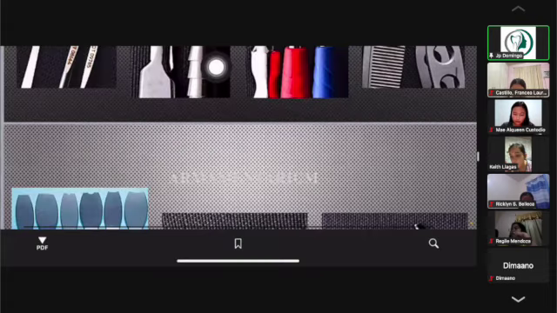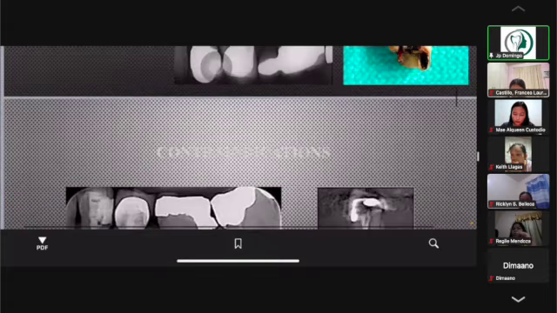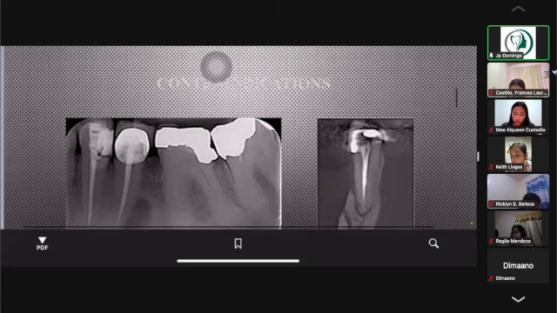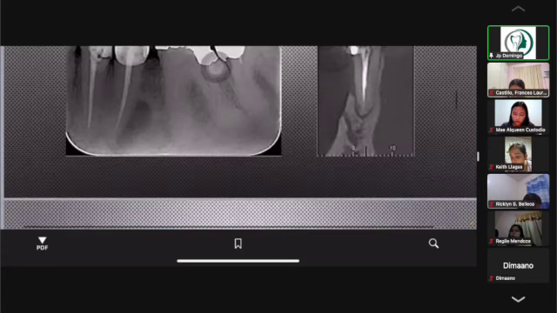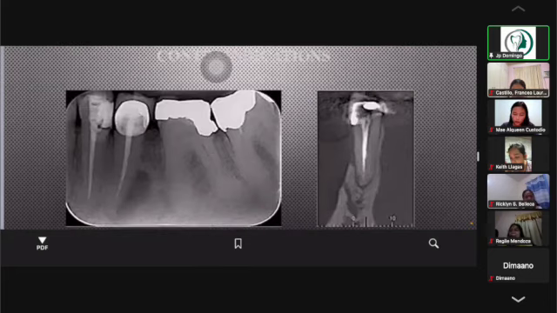Yes po. Okay. So we go now to, we are at the contraindications. Another contraindication is cases which have anatomic factors. Okay?